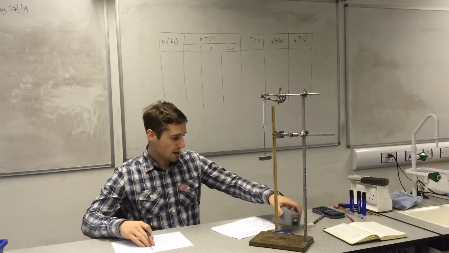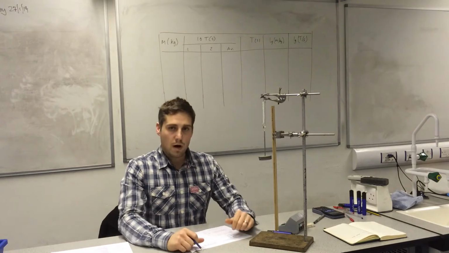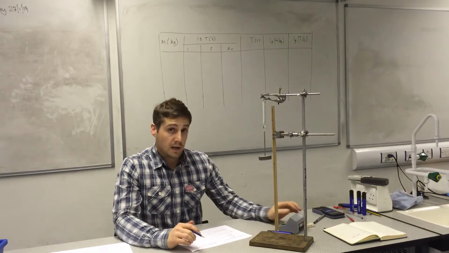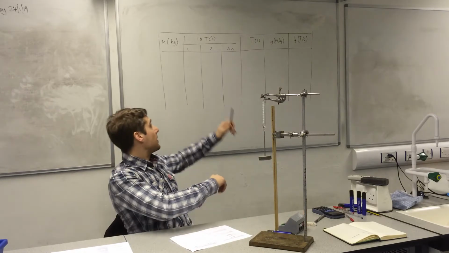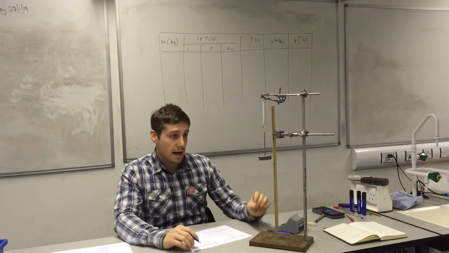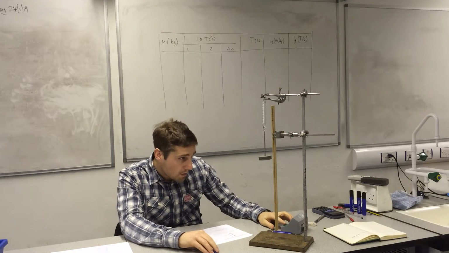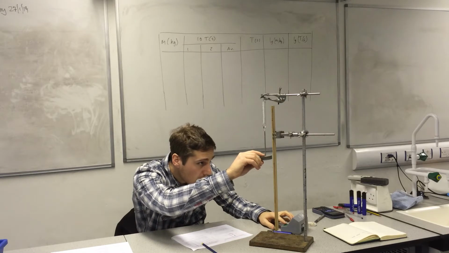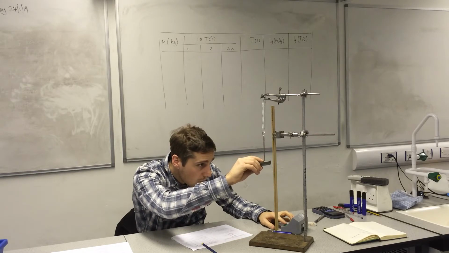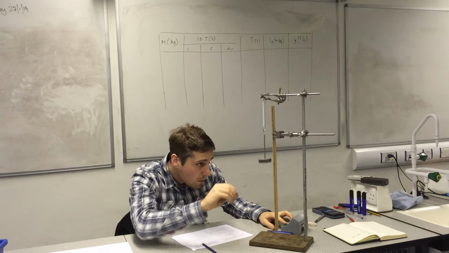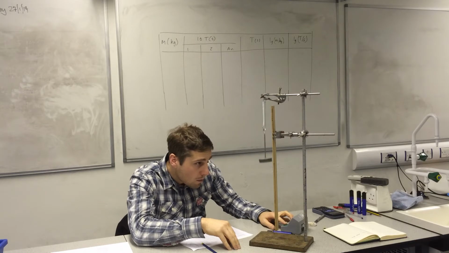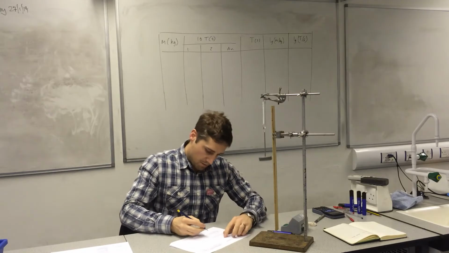So, stopwatch here. I will measure the time taken for 10 oscillations, hence on the table 10t up there, and then I can divide that by 10 to work out the time period. So we'll displace about 4 centimetres. And okay, that's 5.25.